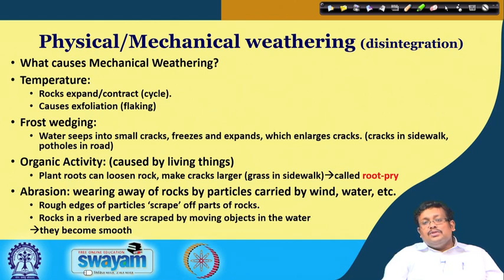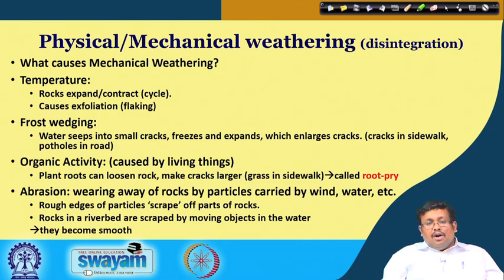First of all, let us talk about temperature. Obviously, as you can see, rock is a bad conductor of heat, and in some extreme condition, for example, when there is a hot environment, there will be a temperature gradient present in the rock, because the outer surface of the rock will be comparatively warm as compared to the inner core.